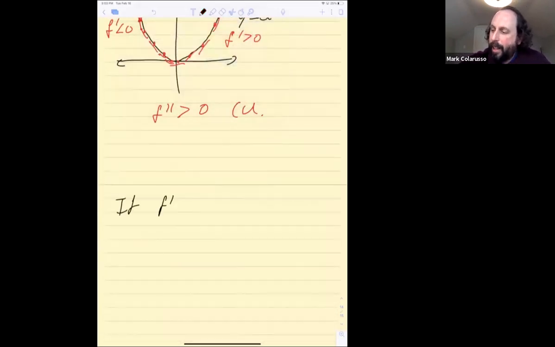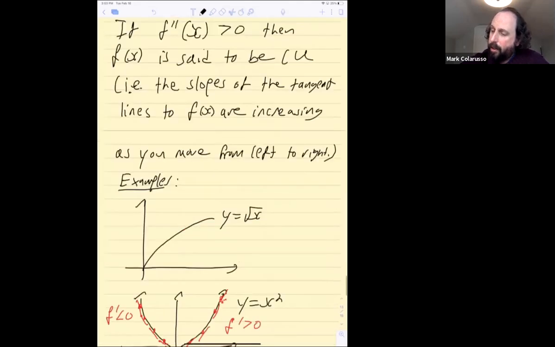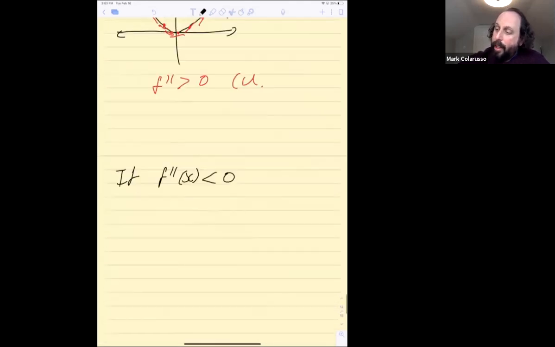If f double prime at x is less than 0, then f at x is concave down.